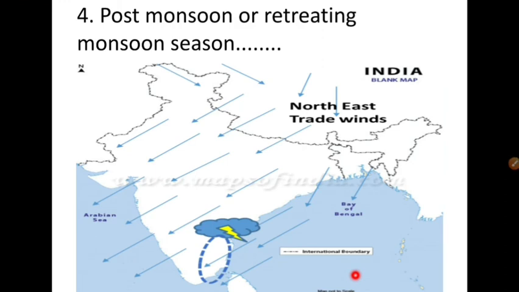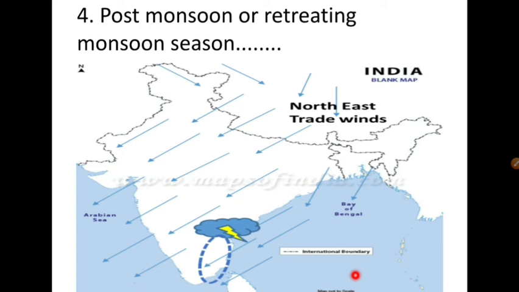Now, the fourth season is the post-monsoon season. The post-monsoon season stretches from October to mid-December. After autumnal equinox, that is 23rd September, when the sun shines at the equator, the southwest monsoon begins to withdraw due to weakening of the low pressure system in the northwestern part of India.